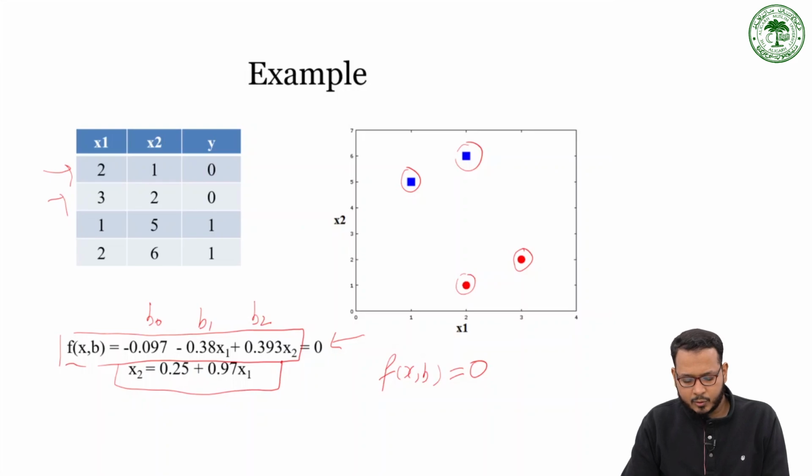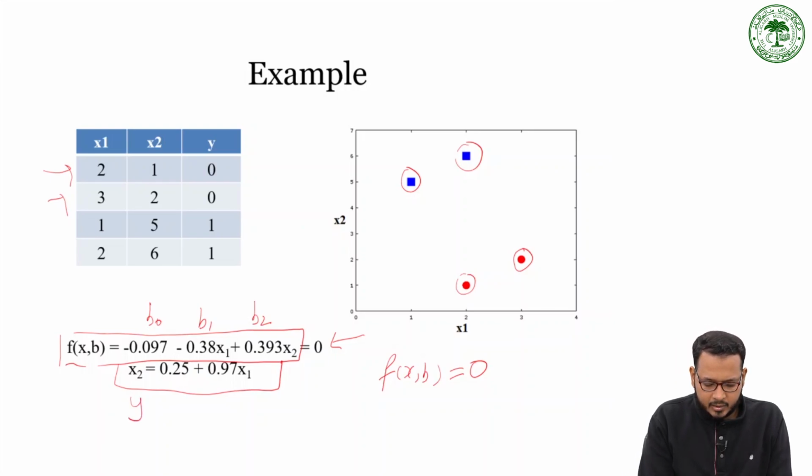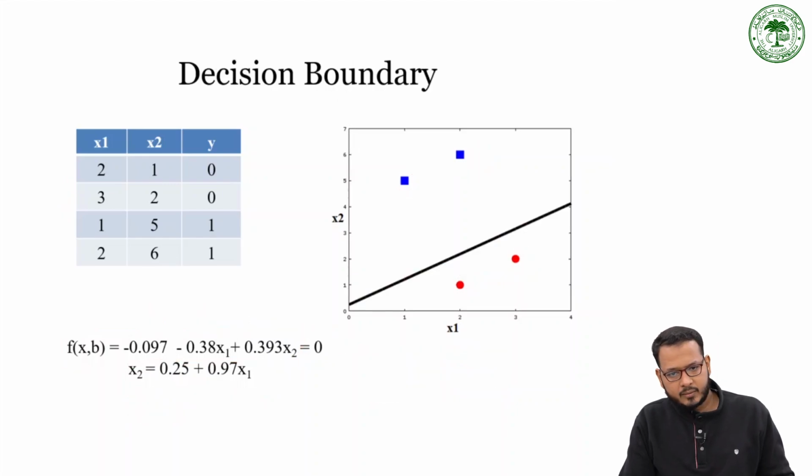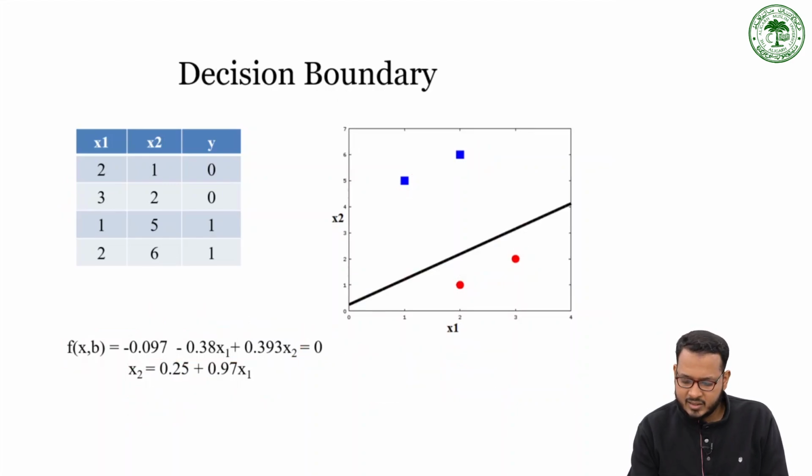If we pay attention closely, it is similar to the equation of a line. So this f(x;b) in this specific case gives us a line. If we plot this line, then this is our f(x) equal to 0. It is called a decision boundary.